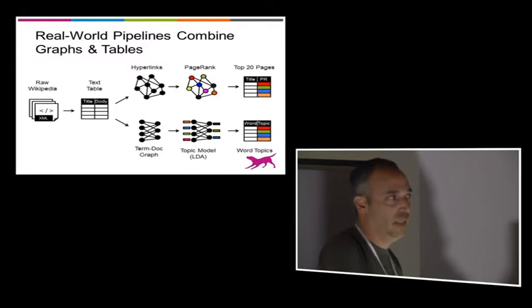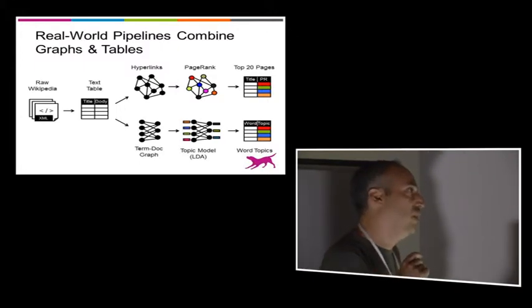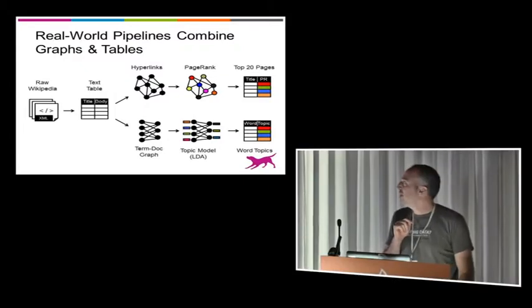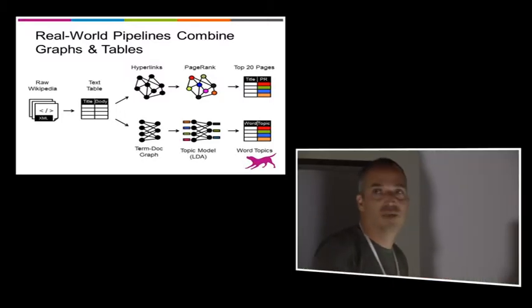For example, the links could be articles that point to each other. Then we can run a PageRank algorithm and eventually find out the top 20 interesting Wikipedia pages. So in this kind of transition, we actually shifted between a table form and a graph form. And this kind of thing happens in a lot of practical problems.